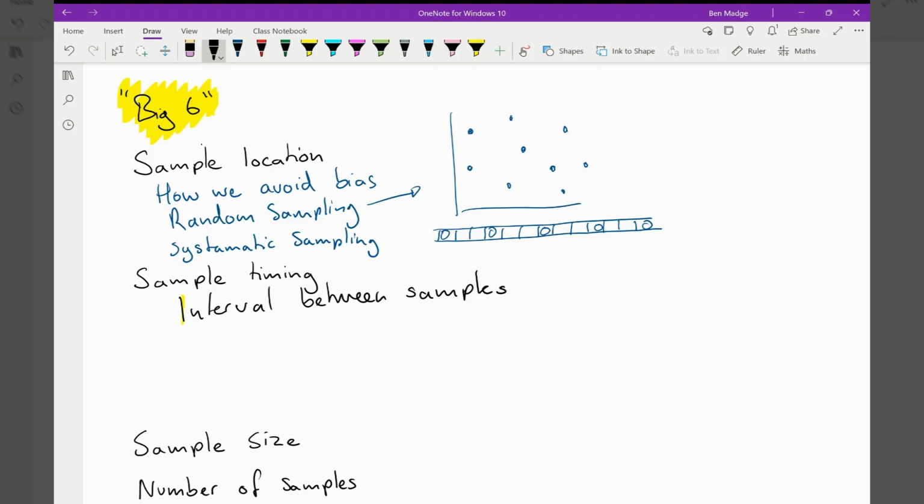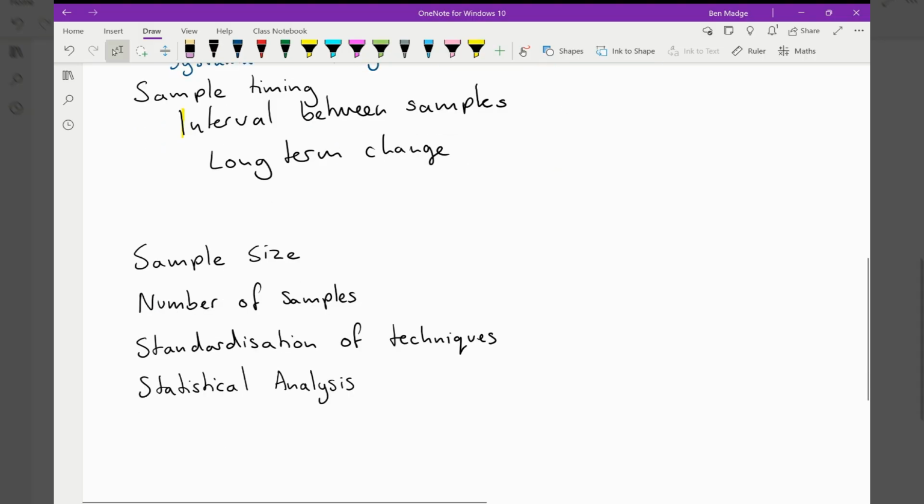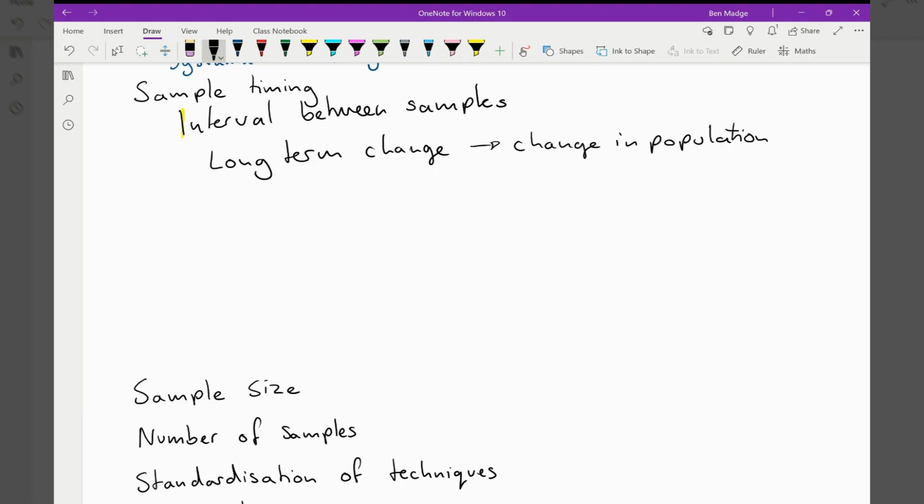So is it a long-term change? Is it going to be something like a change in population? So we need to come back like every year, perhaps. Or is it going to be a seasonal change?